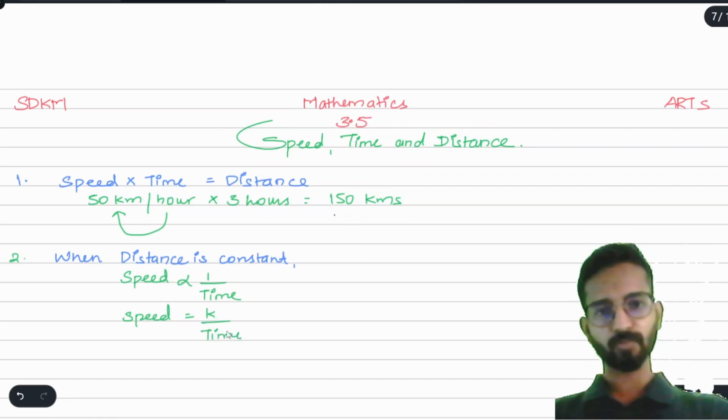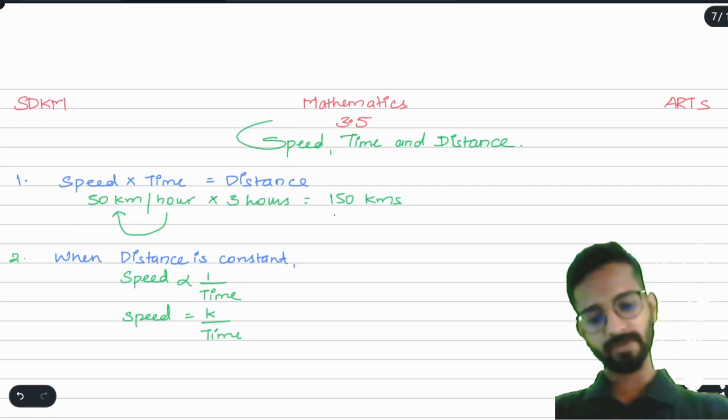To convert this proportionality symbol into equals, we use some k. K is some constant number. Okay, now this was when distance is constant.